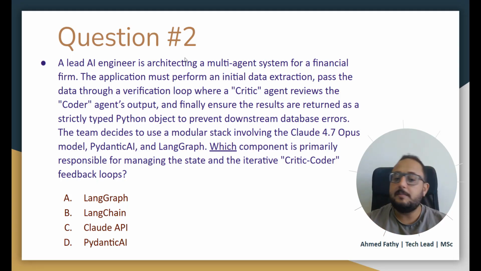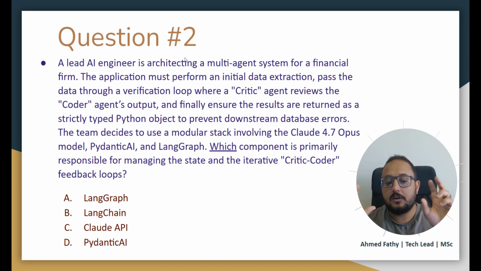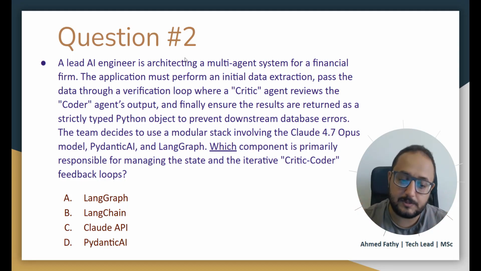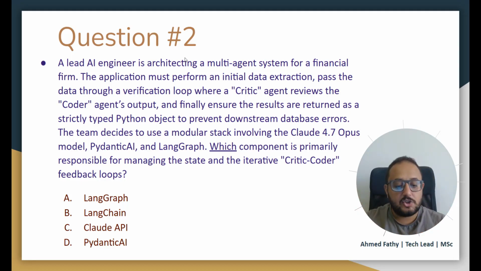Okay. The team decides to use a modular stack involving the Claude 4.7 or 4.8 Opus model, PydanticAI, and LangGraph. Which component is primarily responsible for managing the state and the iterative critic coder feedback loops? LangGraph, LangChain, Claude API, or PydanticAI?